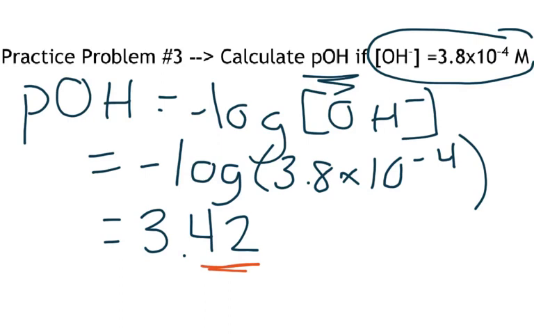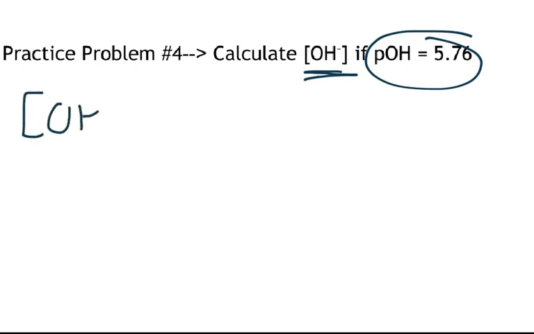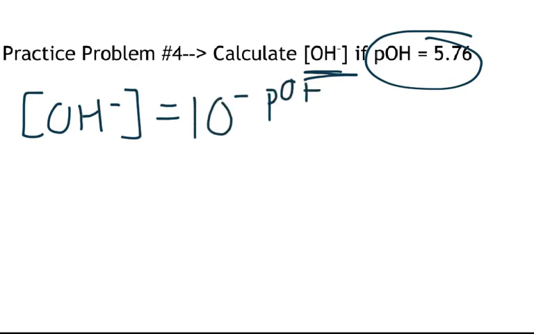Now let's look at a concentration of hydroxide problem, okay? Going the opposite way. So this time we were given the pOH, we want to find the hydroxide. To do that, we're going to use our formula we went over before. Concentration of hydroxide is equal to 10 raised to the negative pOH.